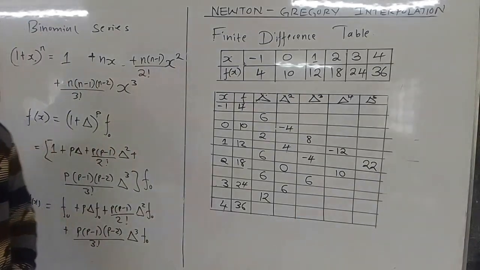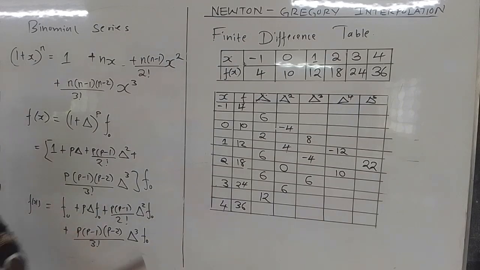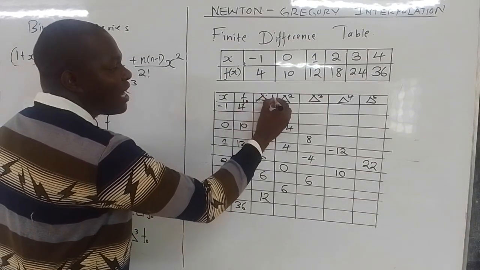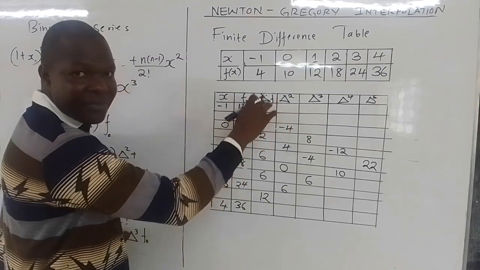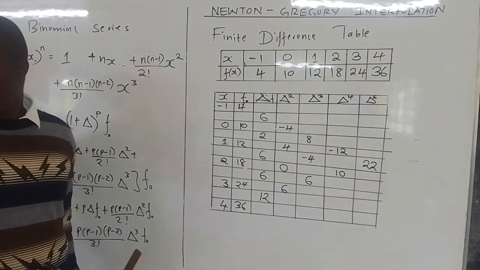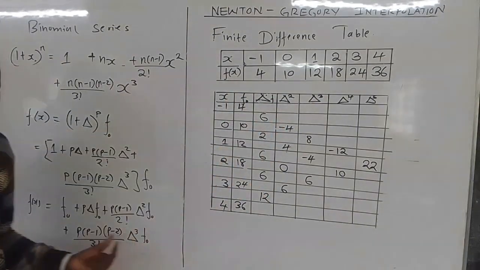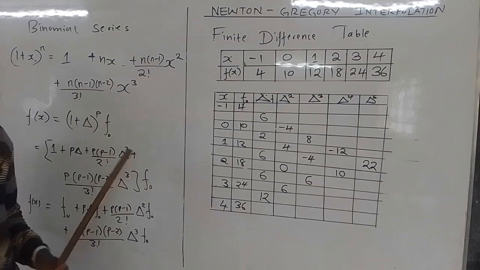The third column, meaning here, if you are now dealing with f naughts, you go back to your forward difference formula. Then here you have your delta f naught, delta squared f, in that order.